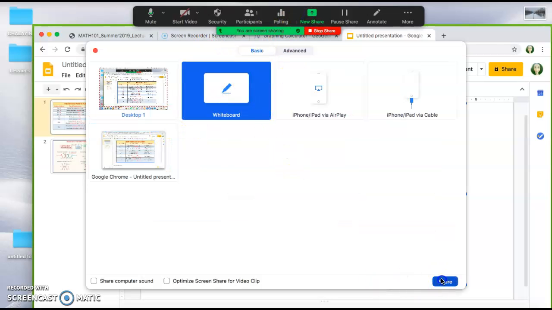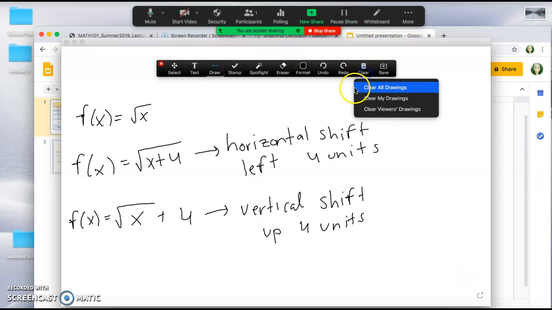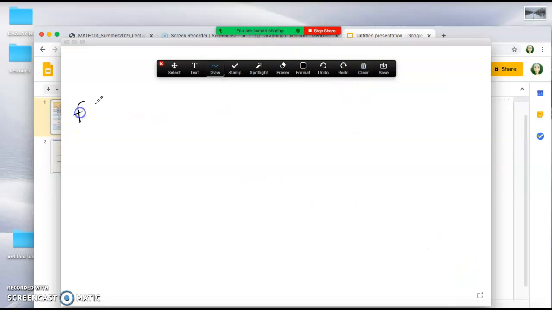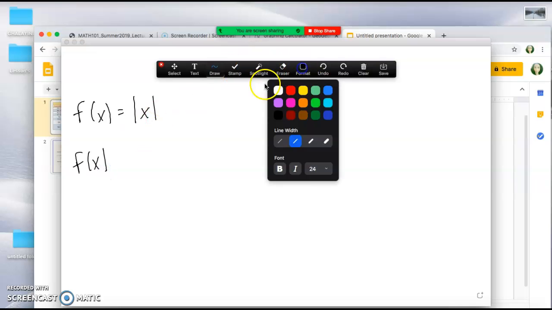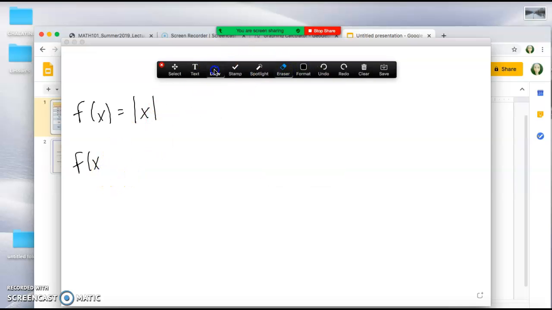So let's take a look at some different scenarios. We have f of x equals the absolute value of x. Then we have f of x equals the negative times the absolute value of x. Since we're multiplying a negative on the outside, this is going to reflect over the x-axis.